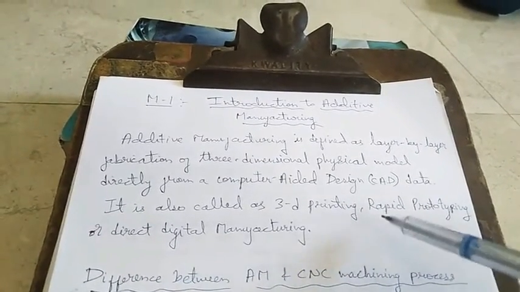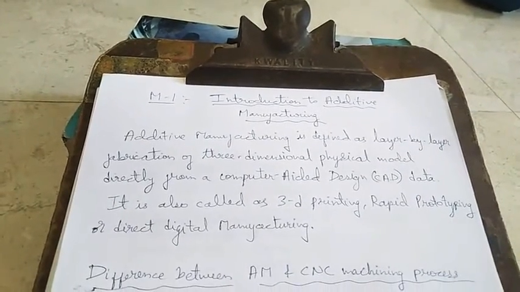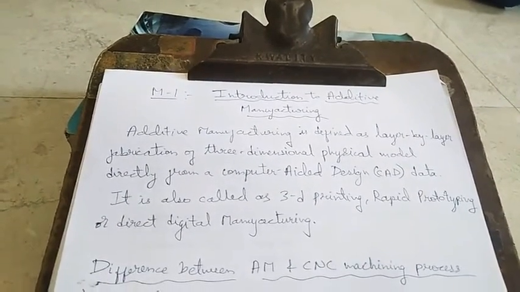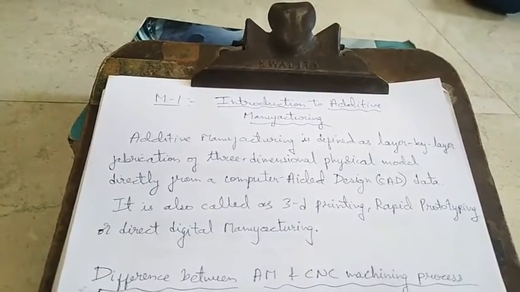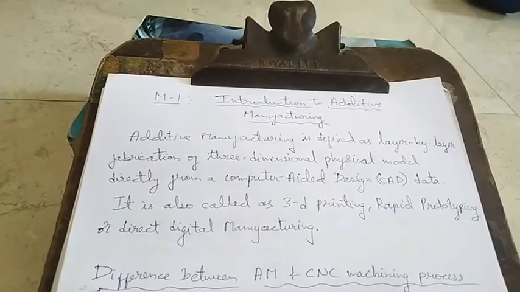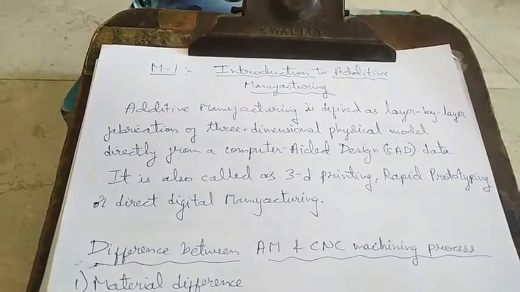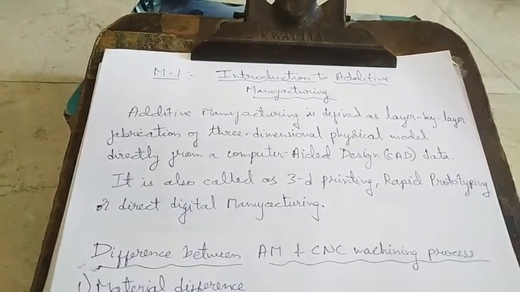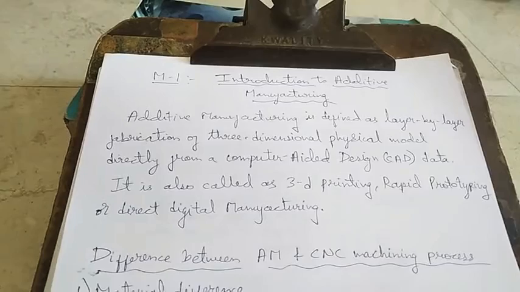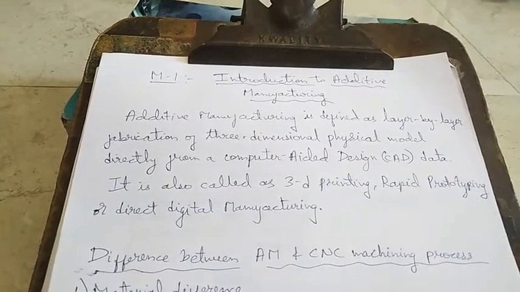Initially they draw a three-dimensional model in a computer. There are a number of software packages like CATIA, ProE or AutoCAD, many modeling software. Using that modeling software they initially model the three-dimensional component. After that they couple this drawing with the manufacturing machine.